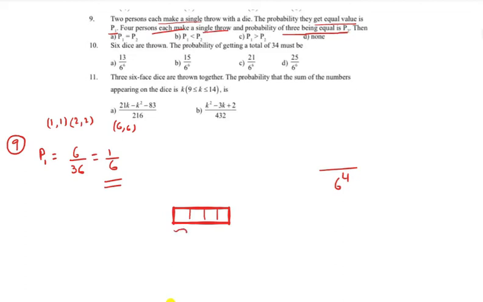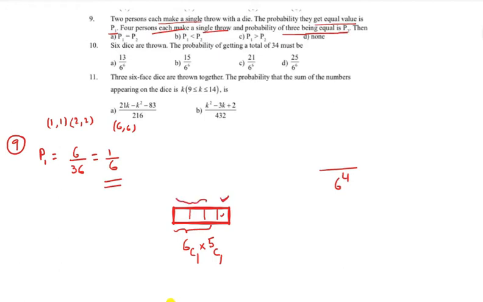So these 3 members have to get the same. From 6, any one number they can get, but this person has to get a different one. So the remaining 5 numbers he can select any one, that means this person is getting a different number than these 3 persons.